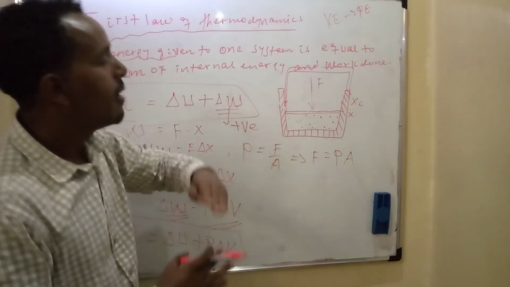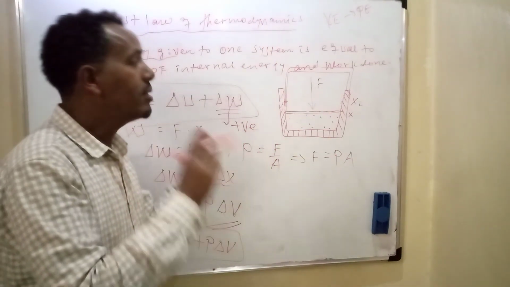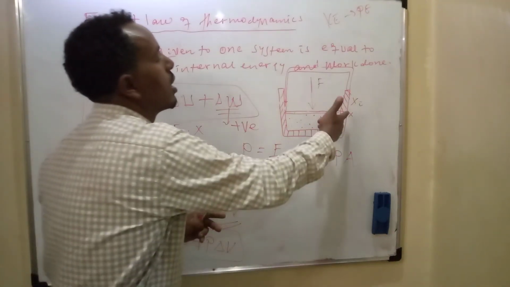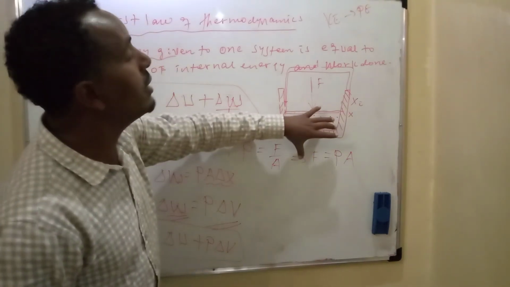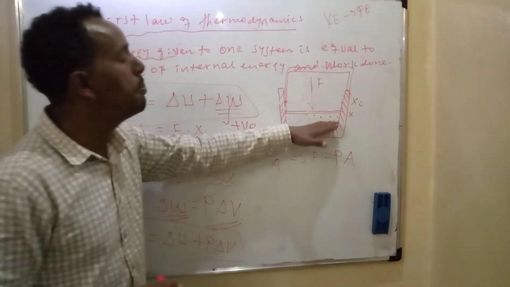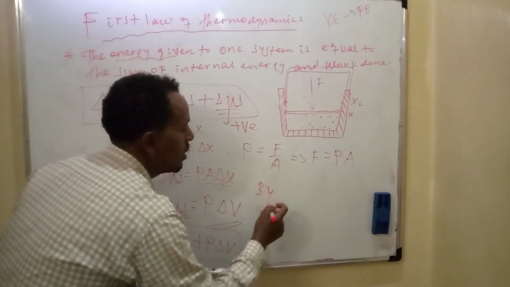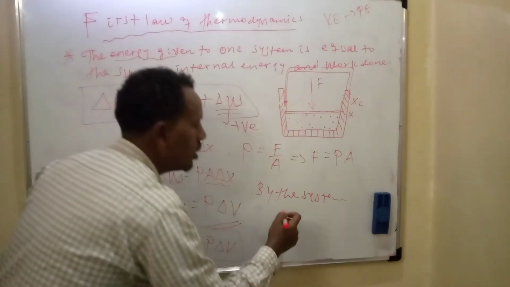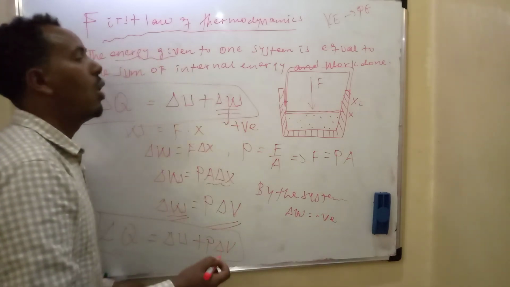At that time, the collision between the molecules of the gas is lower compared with when the piston is placed here. Because of this, some amount of energy is lost from the system. Because of this, when work is done by the system on the surrounding, delta W is considered negative. On the system by the surrounding, it is positive.